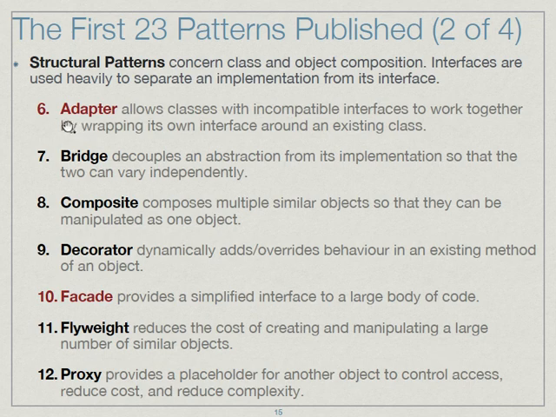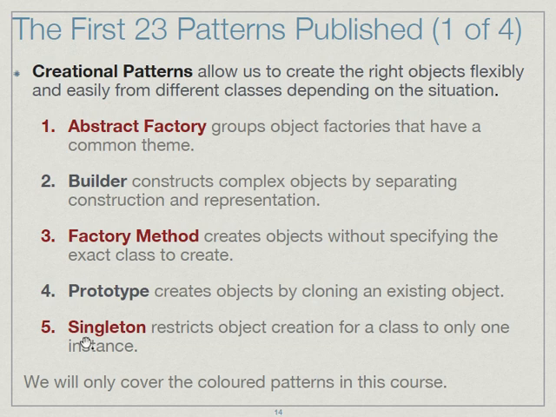So we've learned the colored ones last week, and there's another kind called creational patterns: singleton, prototype, factory, builder, and abstract factory. And we will also study the colored ones today.